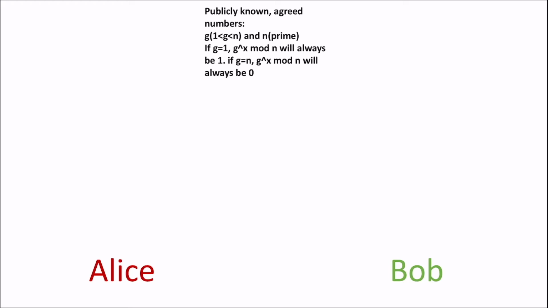So here is a quick recap of the last video and also the basic idea of the project. We have these publicly known numbers, G and N, where N is a prime number. 1 should be less than G, which should be less than N, because if G is 1, then 1 raised to any number x will always be 1, and so 1 mod N will always be 1.